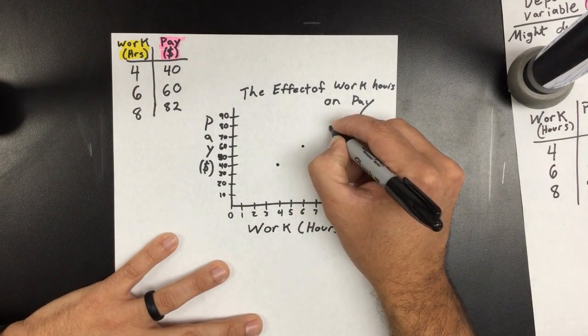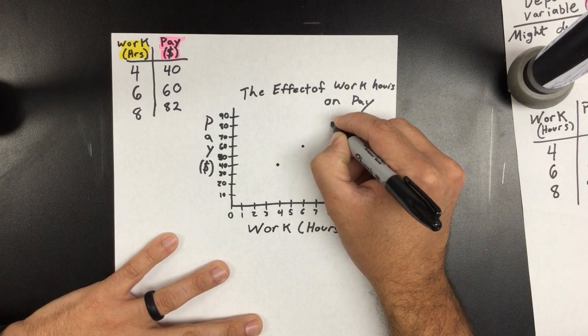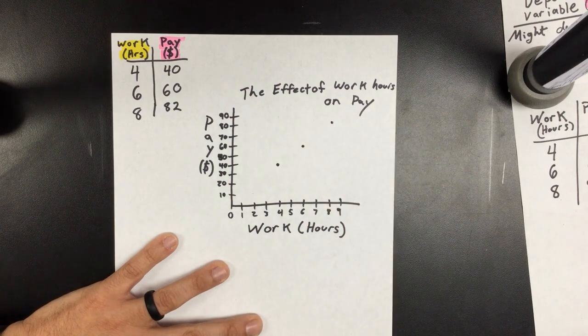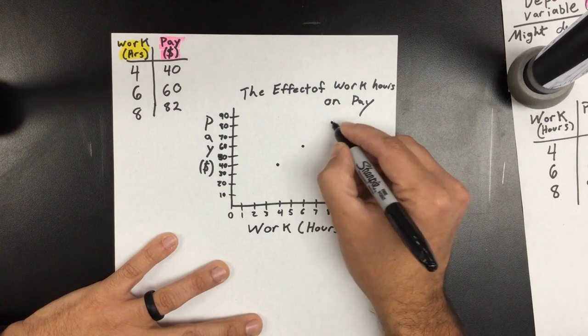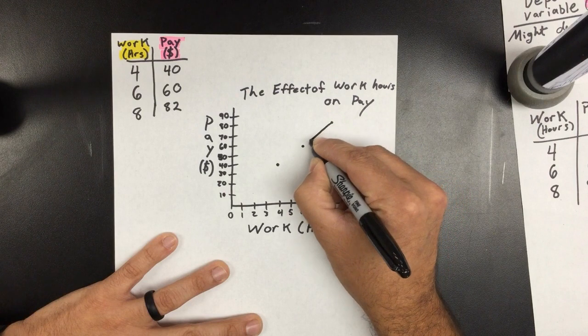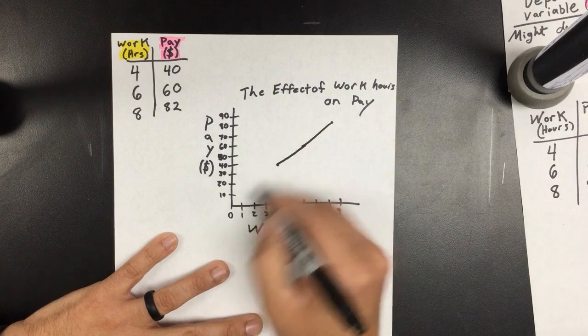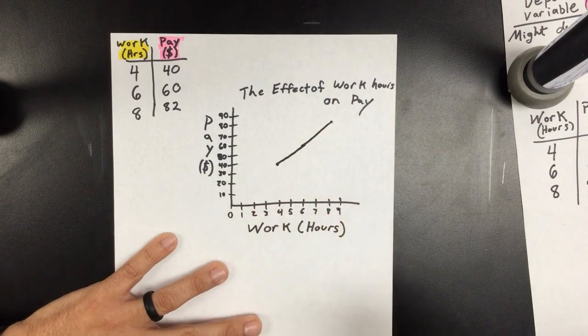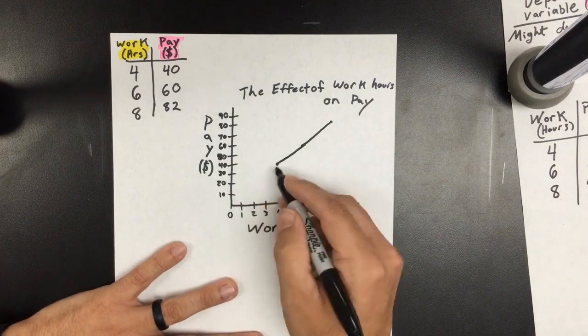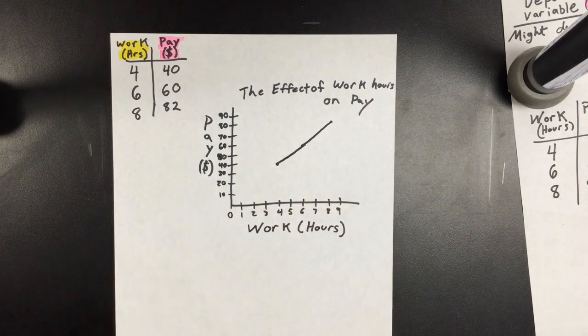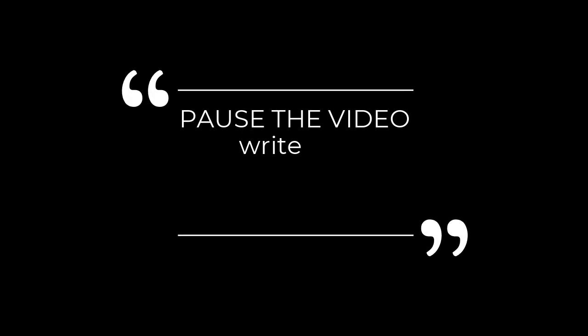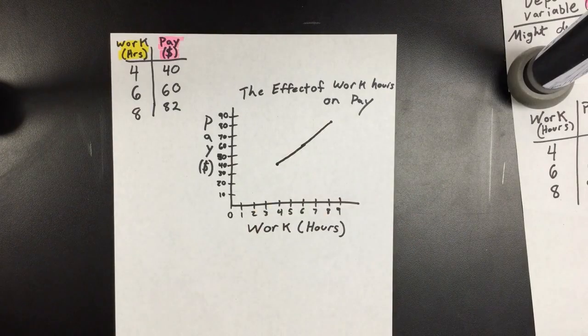This is where that estimation part comes in. I know this is around 80, and so I'm going to go up just a little bit and make a dot. Now I'm going to go ahead and connect those dots. I'm not connecting it to 0. Do not connect it to 0. That's my entire graph.